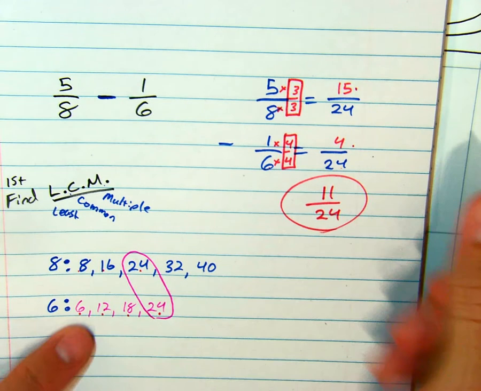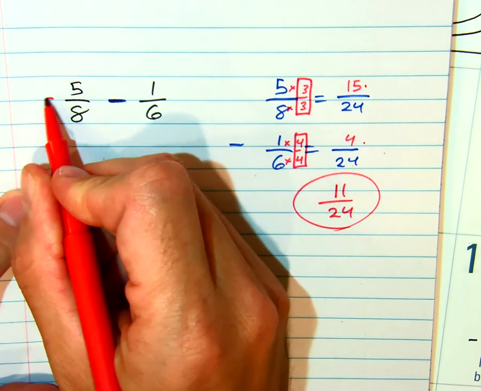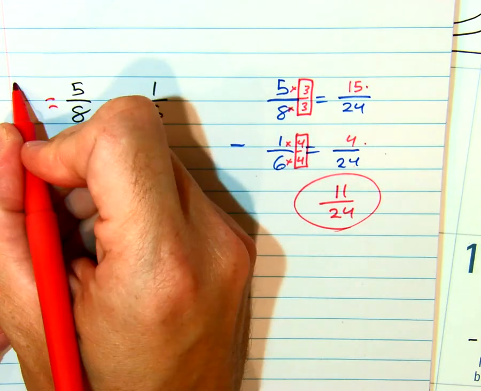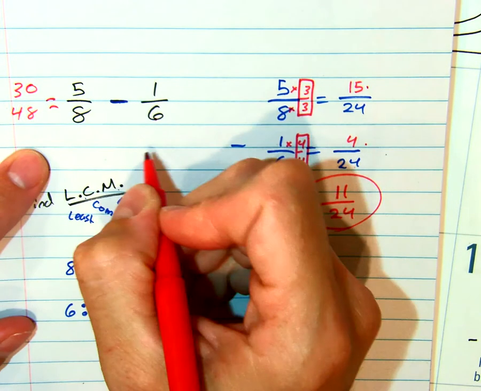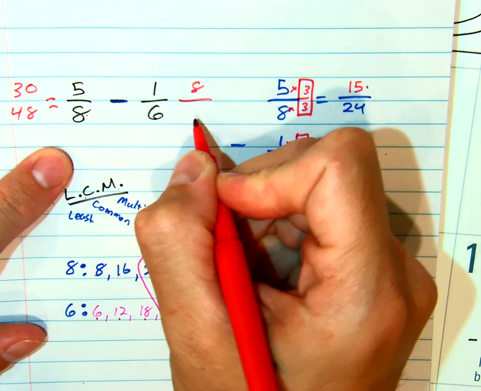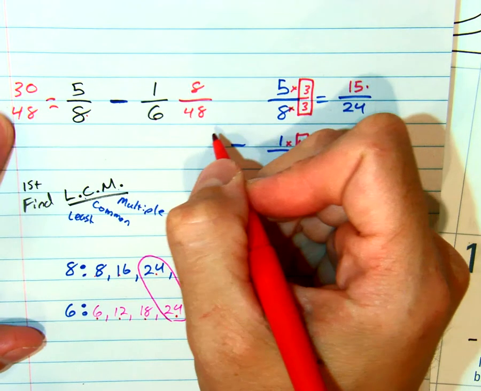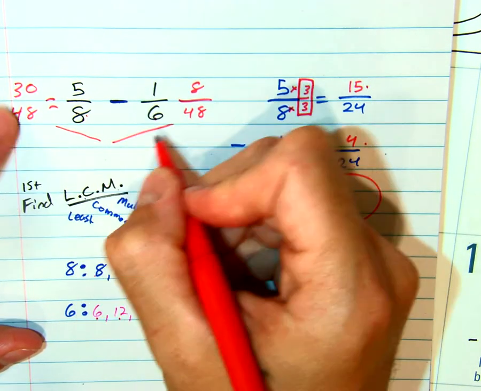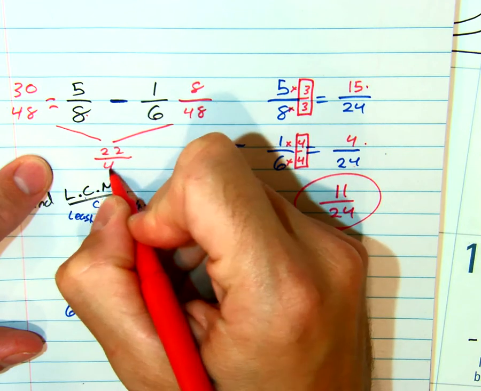If we had distributed out, this would be 6 times 5 is 30. 6 times 8 was 48. If we went the other direction, 8 times 1 is 8. 8 times 6 is 48. 30 minus 8 is, we could bring it down, 30 minus 8 is 22 over 48.